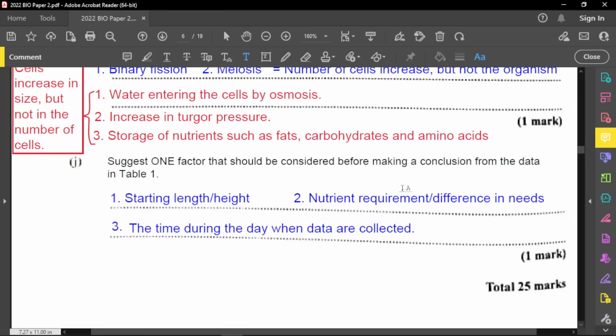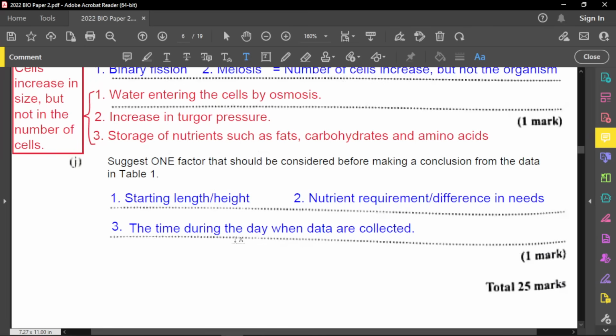Also, we can look at the nutrient requirement or the difference in needs of nutrients, because a baby may require a lot of nutrients, and so you have to feed the baby much more in terms of quantity versus a seedling.